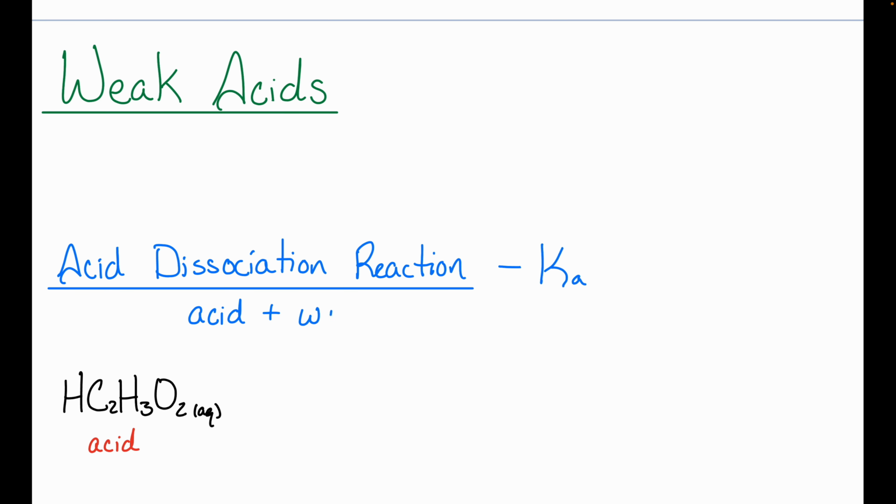Water. So this is when we take our acid and combine it with water. And in this case, since I'm mixing it with this acid, water will be playing the role of the base. All right, so everybody take a second. Give me this balanced chemical equation for our acid dissociation reaction.